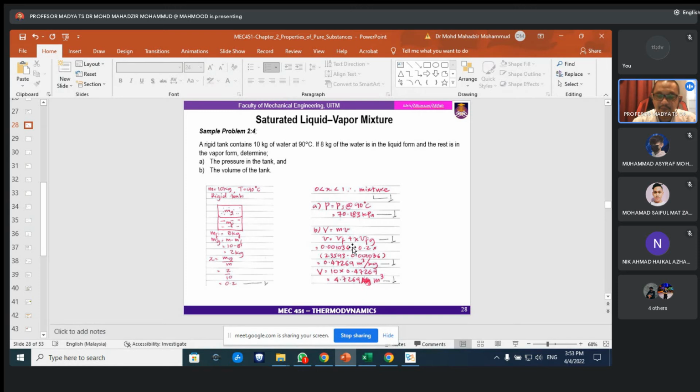Because this is a mixture, with 20% or 0.2 vapor in that mixture, you have to find the exact specific volume. So using the formula v equals vf plus x vfg, put in all the values, referring to the properties table.